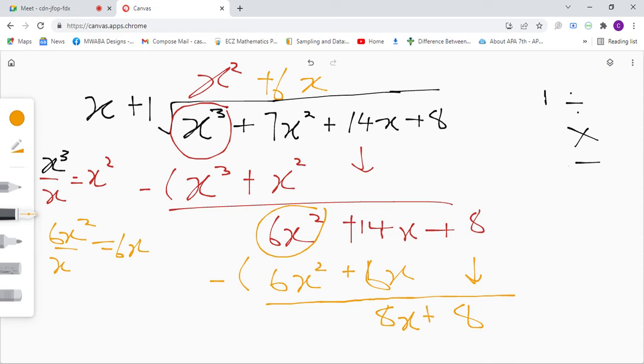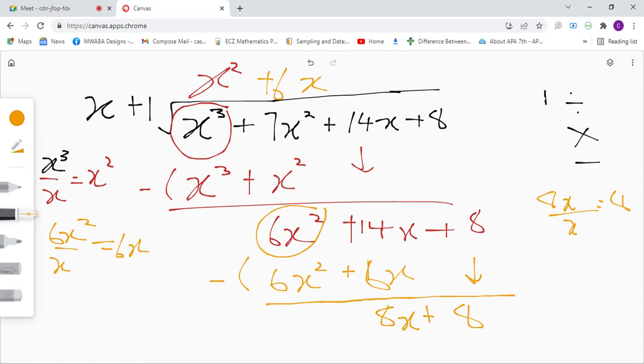We repeat again, we divide, so we're going to say 8x divided by x, we're going to get 8.